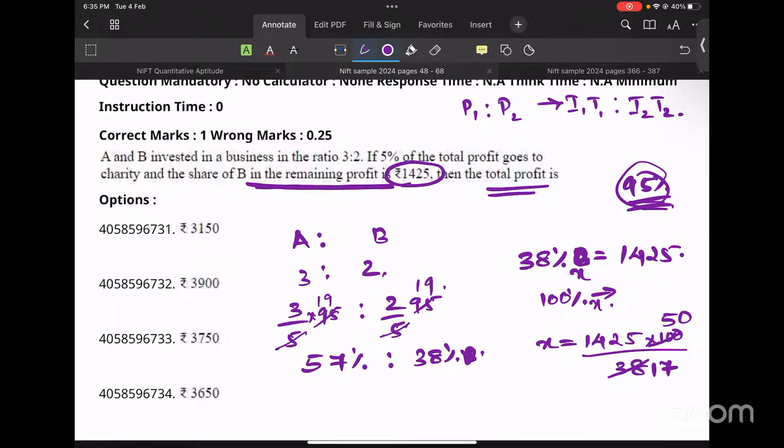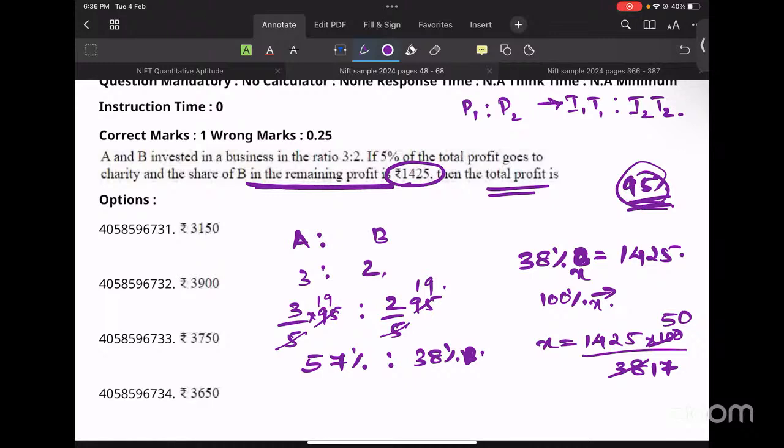So 2 into 19, that is 38. Okay, 95 by 5 is 19. 3:2, 1425.